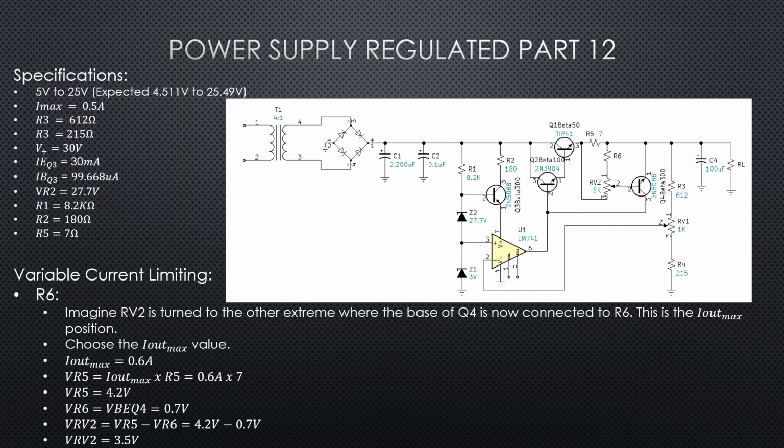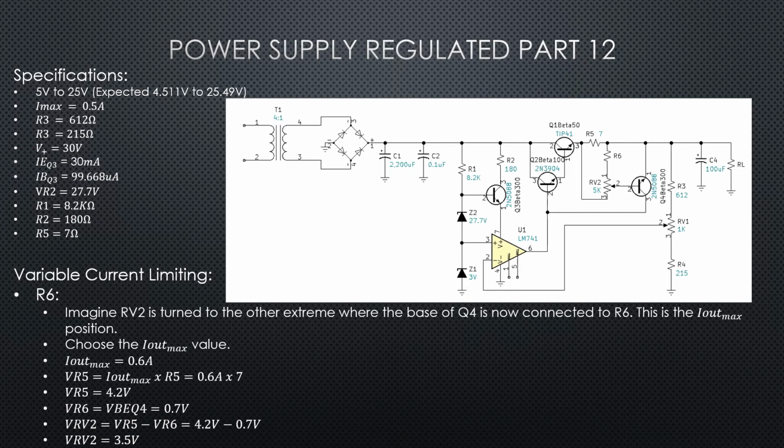So the 4.2 volts is also across the variable resistor and the R6 branch. If the potentiometer is all the way to the R6 side, then VR6, when that transistor starts to bias on, will be 0.7 volts, equal to the VBE of Q4.